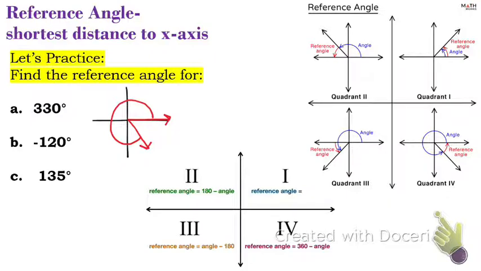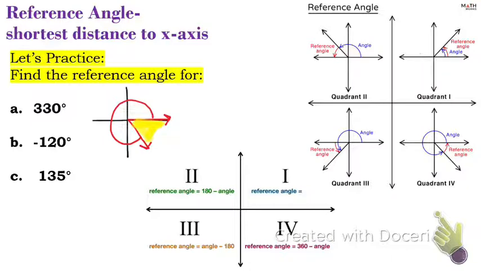The reference angle is the shortest distance back to the x-axis. So the shortest distance back to the x-axis would be this portion right here in yellow. That is your reference angle.